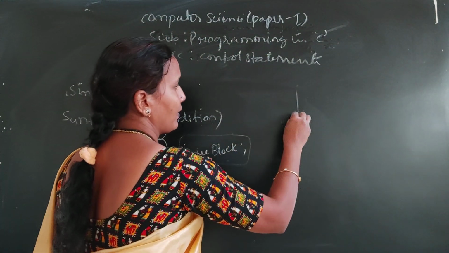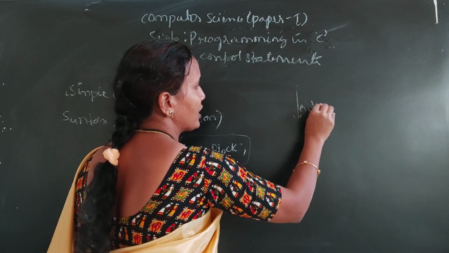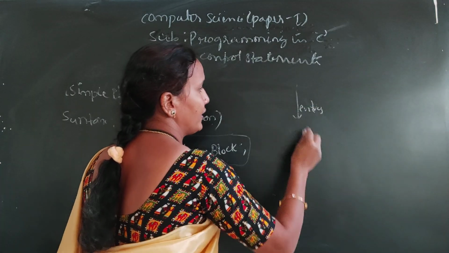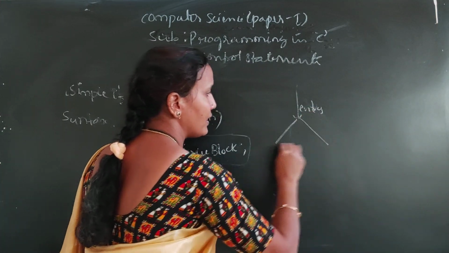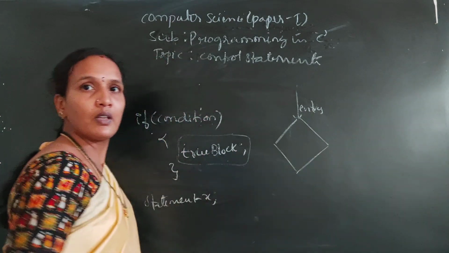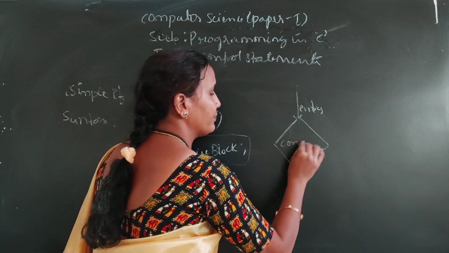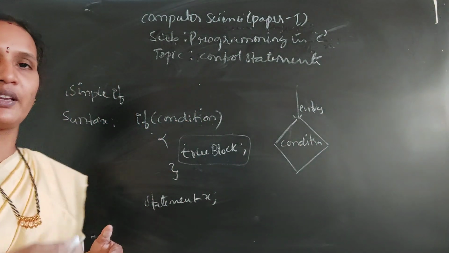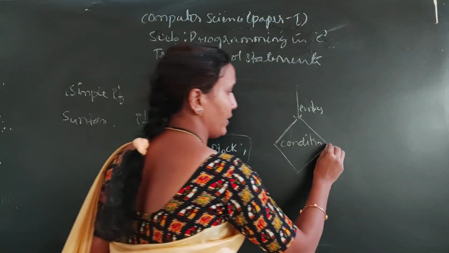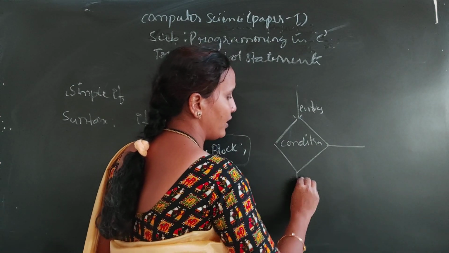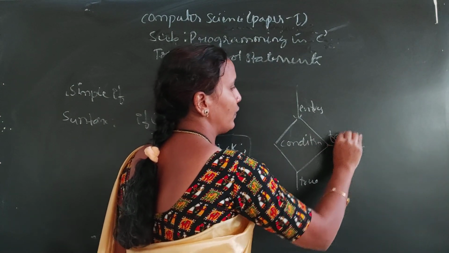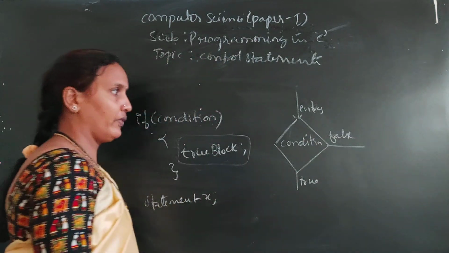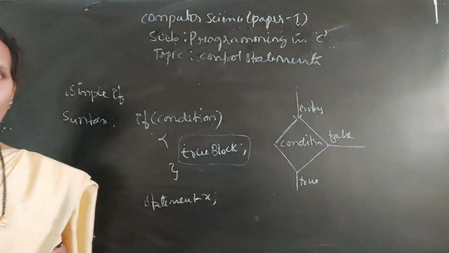See, this is an entry point. Already I have explained the flow chart. Now this is a symbol to give a condition. So here I am giving a condition. As already said, the if statement is a two-way decision making statement. One is true and the second one is false. Then you have to think, if it is true, what will happen? If it is false, what will happen?